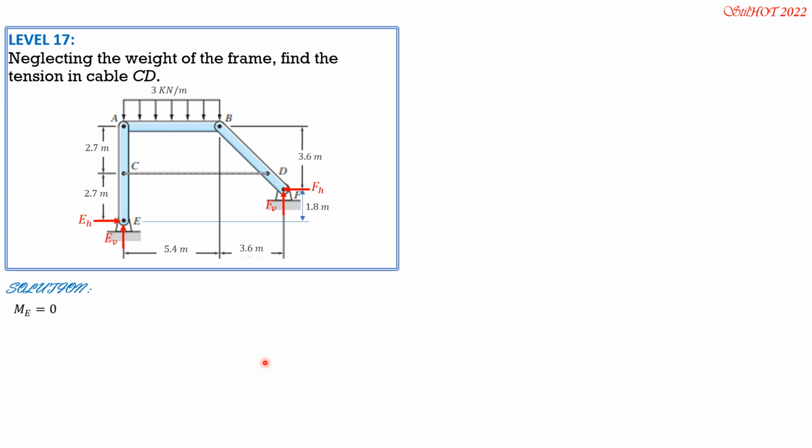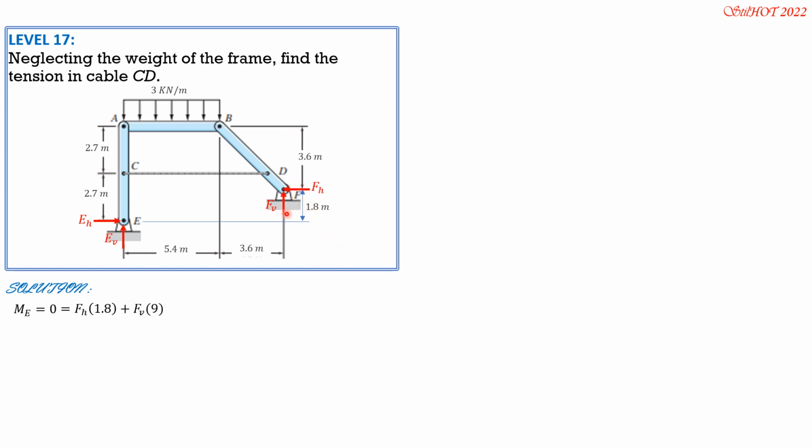So moment at E is 0, considering the entire system, counterclockwise positive, so that is equal to FH times 1.8. This is 1.8 because of the given figure: 5.4 minus 3.6 is 1.8.